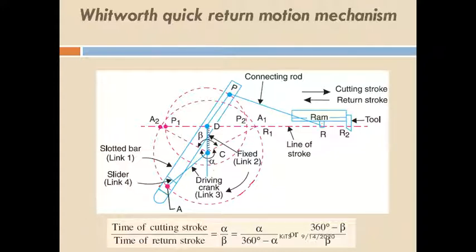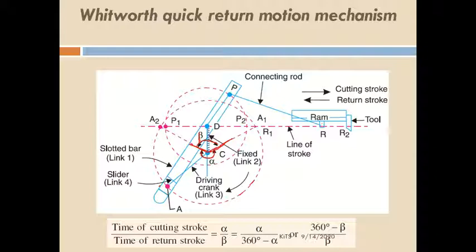One more thing, this angle is alpha, this is beta. For the return stroke, this is the angle traveled during the return stroke, the angle beta.